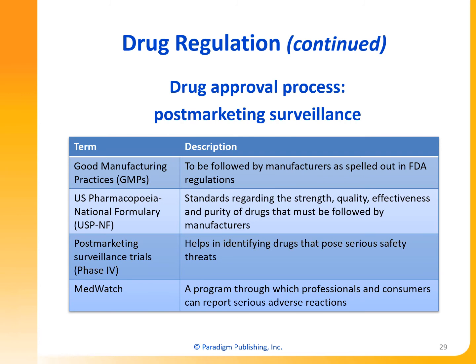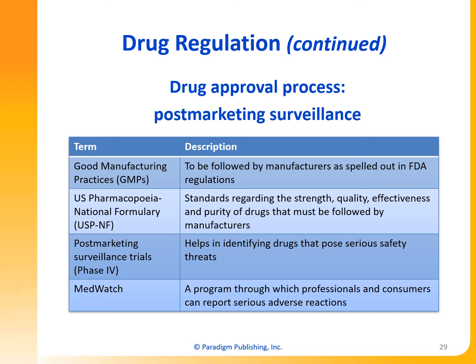So for the drug approval process, post-marketing surveillance, and good manufacturing practices are to be followed by manufacturers as spelled out in the FDA regulations. We actually use those at the University of Kentucky Inpatient Hospital Pharmacy. In the clean room there are different levels of standards for sterile compounding and procedures.